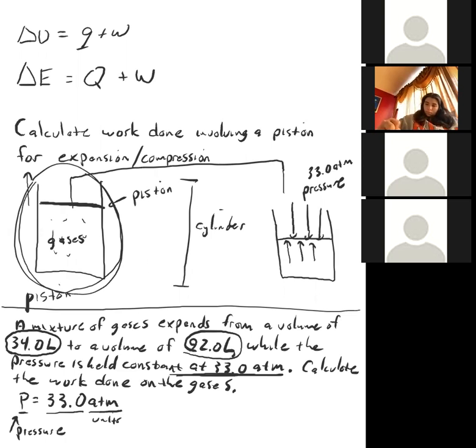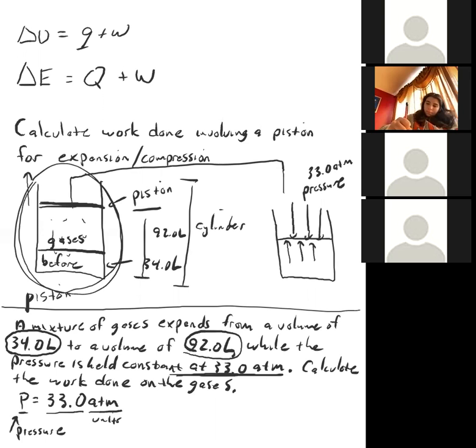So what they're saying is, what is the volume before? And that's 34. And then what's the volume after? The total volume at the end, 92.0. Okay. So what happens is you start with an initial volume and then it expands to a final volume. If it expands, that's like pushing a brick up. That takes energy, and that energy is called work.